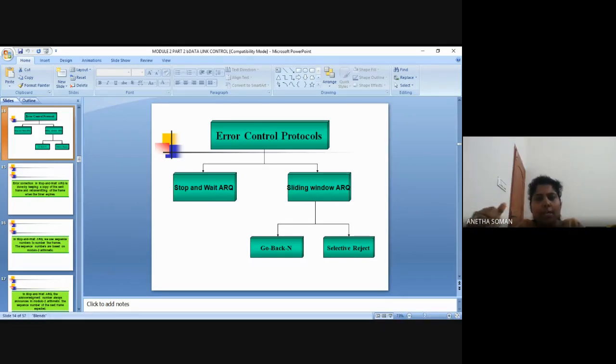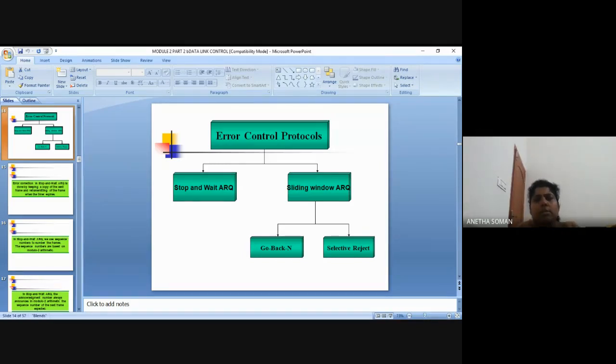Sliding window, again, is of two types, go back N and selective reject or selective repeat. So in error control, retransmission of data takes place whenever a data frame is lost or damaged. You can have two different types of protocol: the stop and wait ARQ, and the sliding window ARQ.